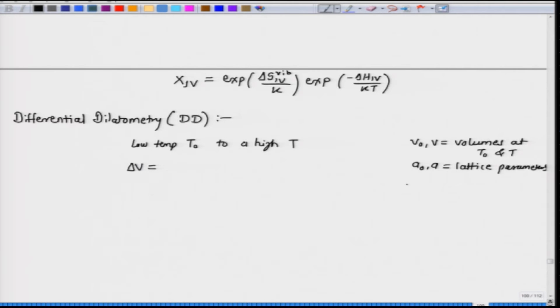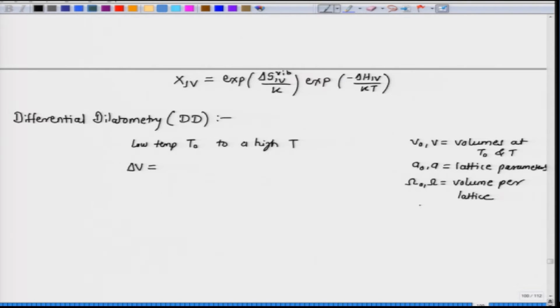Then let us consider the volume per lattice site, which is denoted by omega. So, omega 0 and omega denote the volume per lattice site at the two respective temperatures.